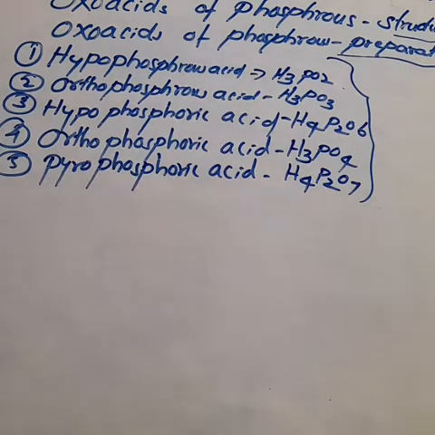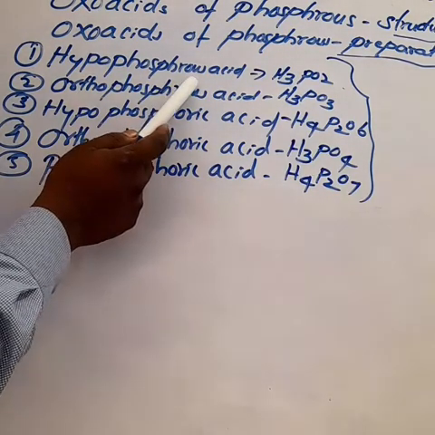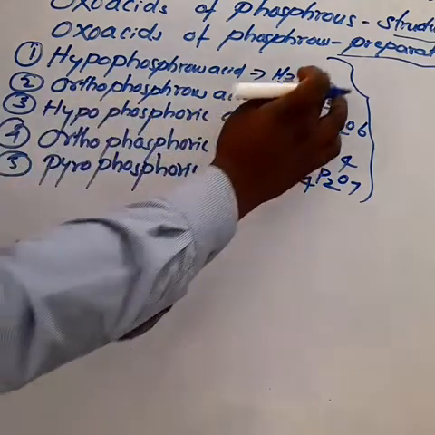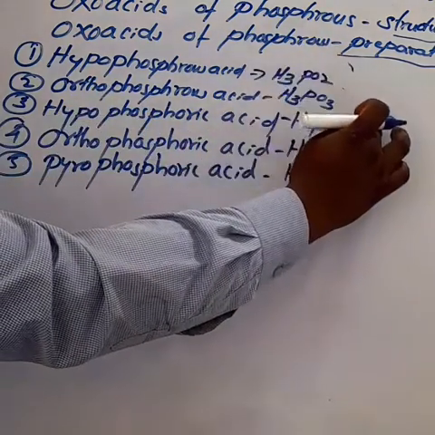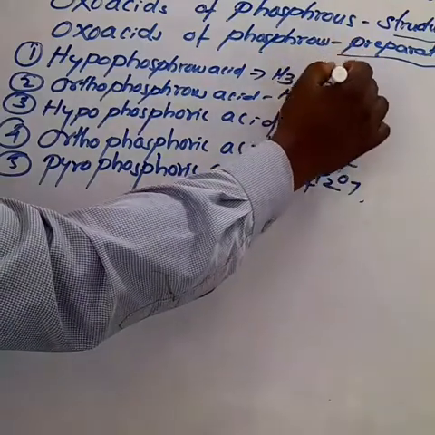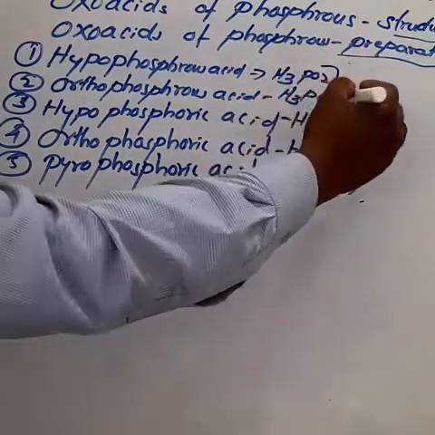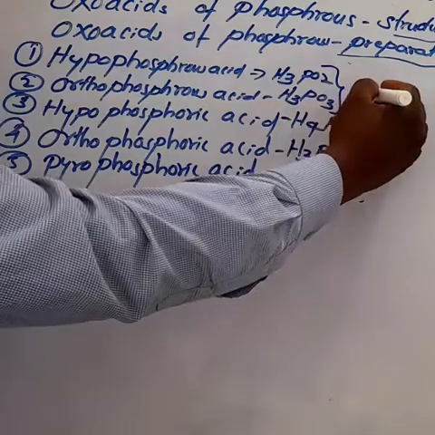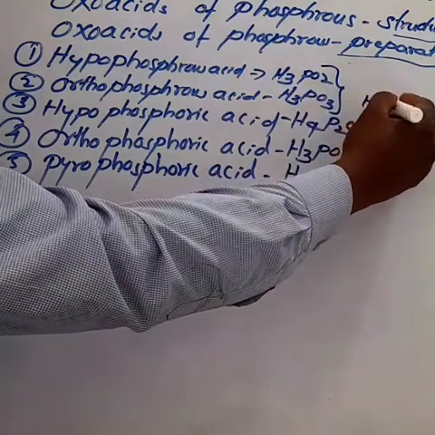First one, hypophosphorus acid. Before learning this formula, first we have to learn the phosphorus acid formula. What is the formula of phosphorus acid? H3PO3, otherwise orthophosphorus acid.